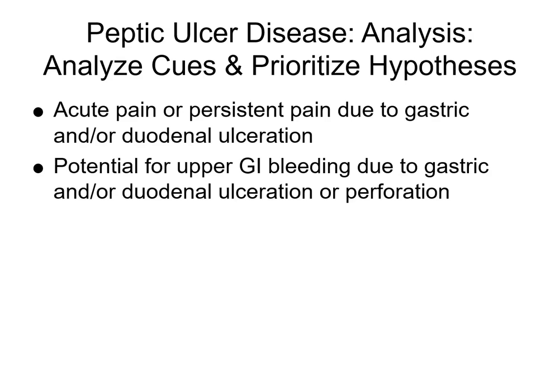Of course, they're going to have acute or persistent pain, and they have the potential for upper GI bleeding, which can be caused by the ulceration, the penetration of that ulcer, and the perforation of it. So that's going to be the main thing that the nurse is going to be concerned with in peptic ulcer disease. So how does the nurse take care of this patient?